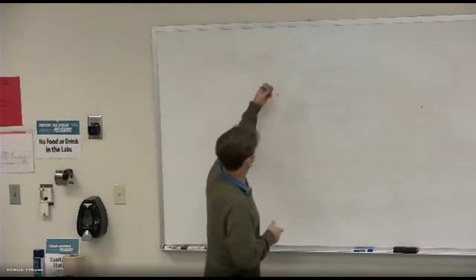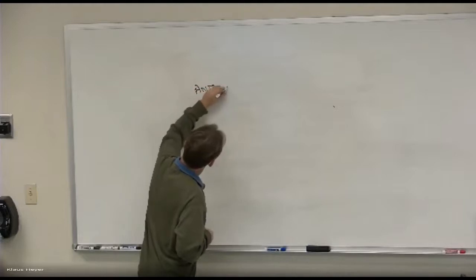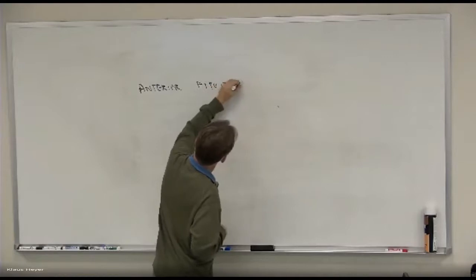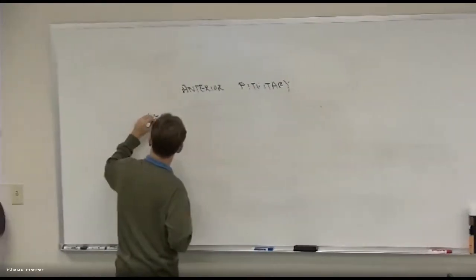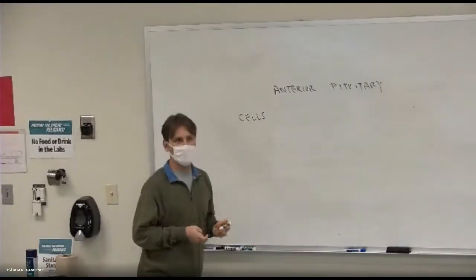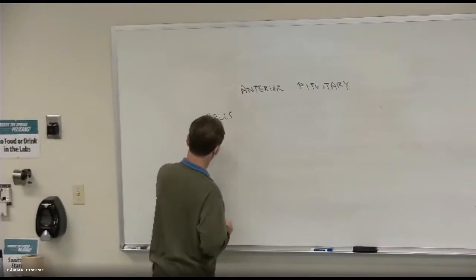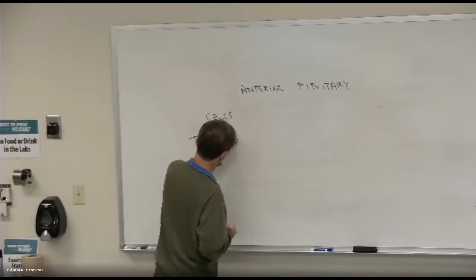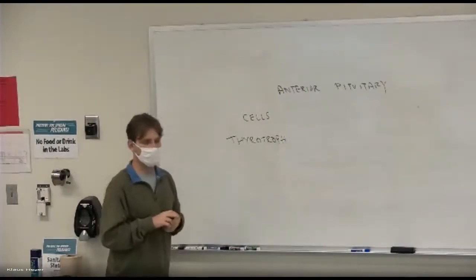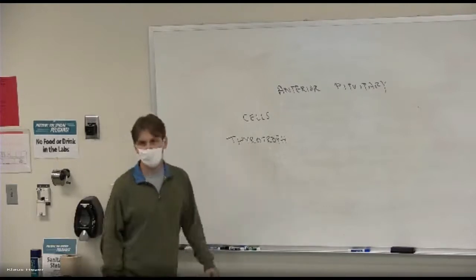Let's talk about the pituitary hormones. Let's talk about the cells first. There's 5 different cells. They're all going to end in this word troph. The first one, well, since we were on it, thyrotroph. It might be called thyrotropin in your book, but same thing.